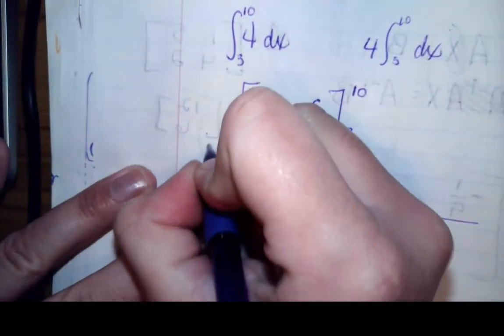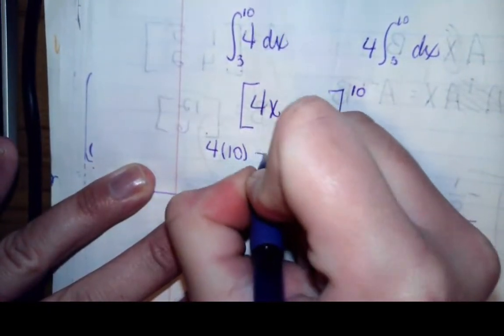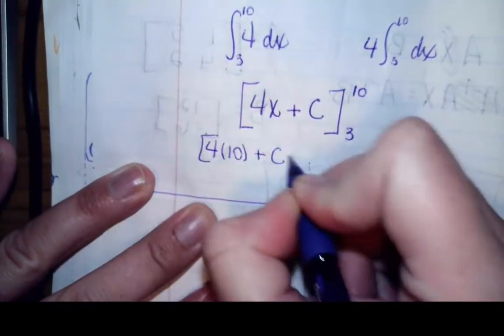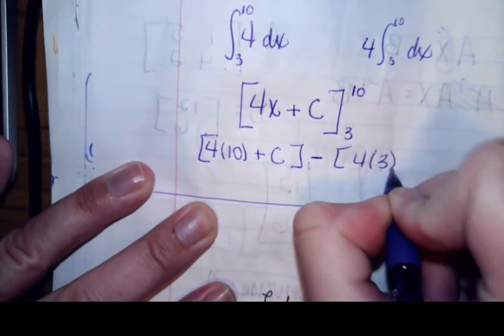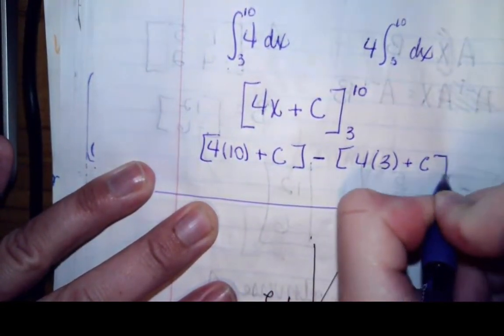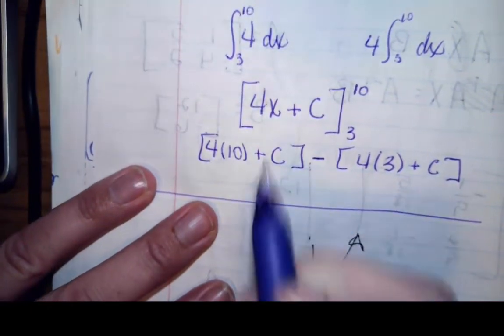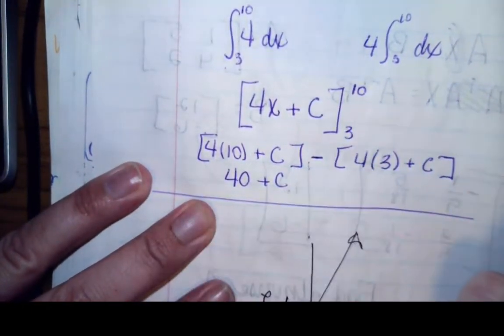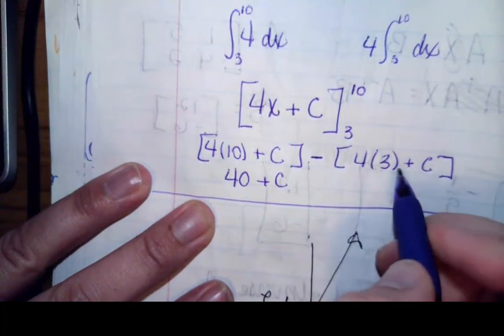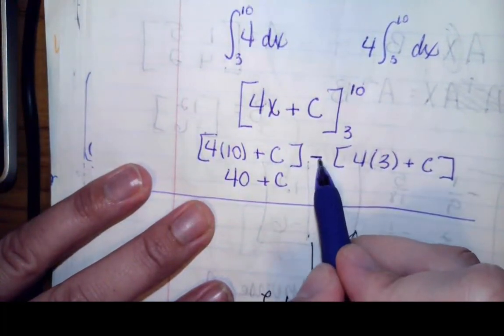Okay, so this first one turns into 4 times 10 plus c minus 4 times 3 plus c. So I get 4 times 10 is 40 plus c. And then I get a 12 plus c, but remember this negative is going to change all the signs.